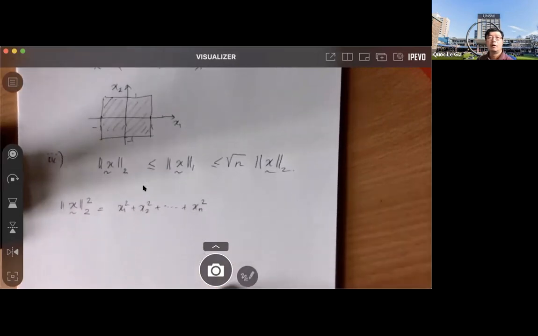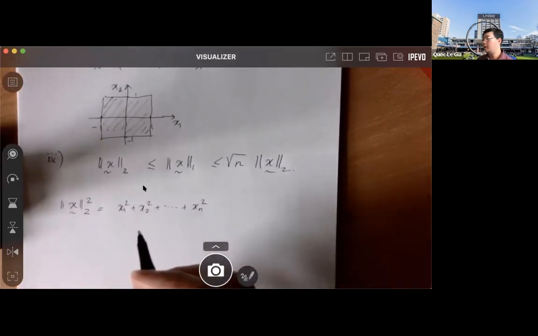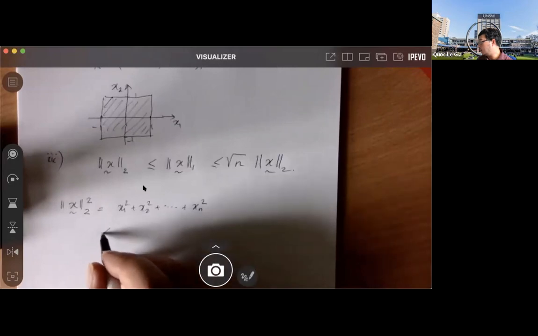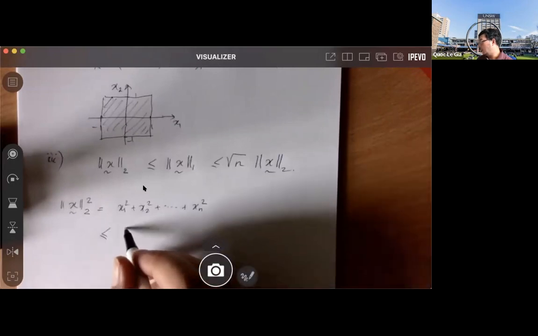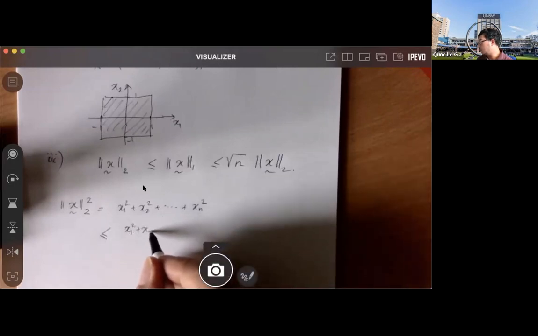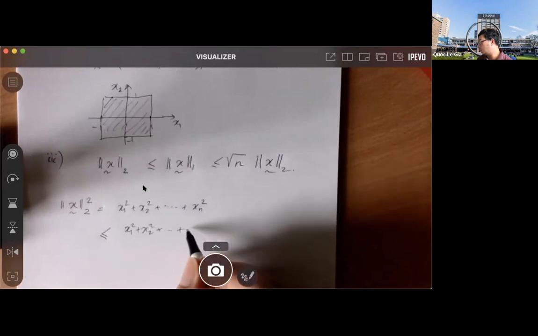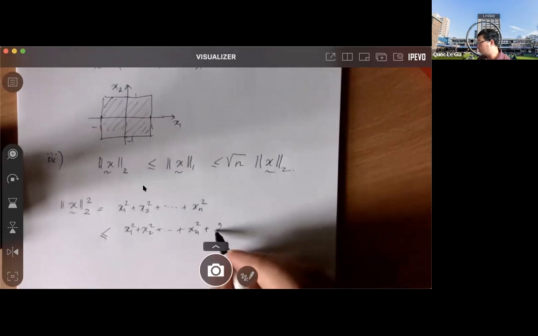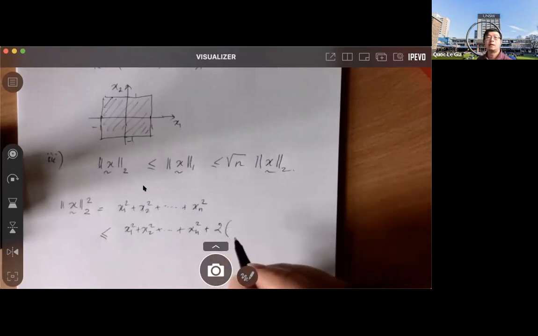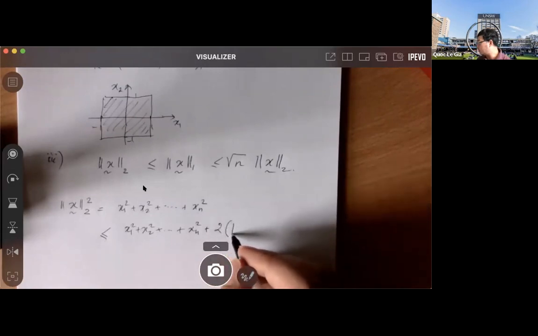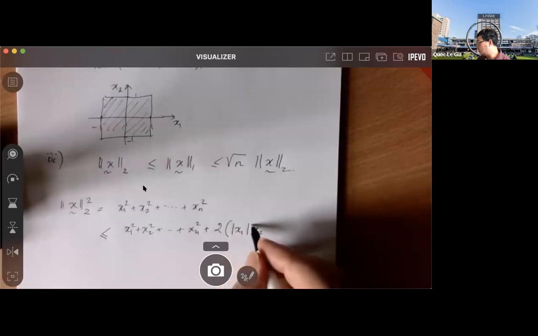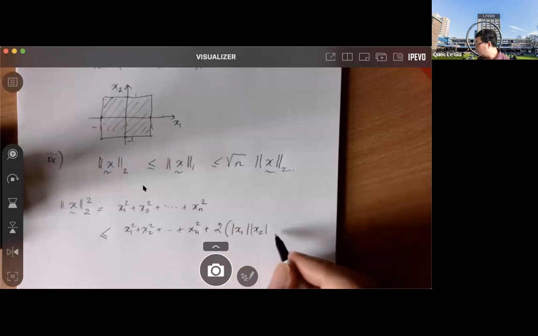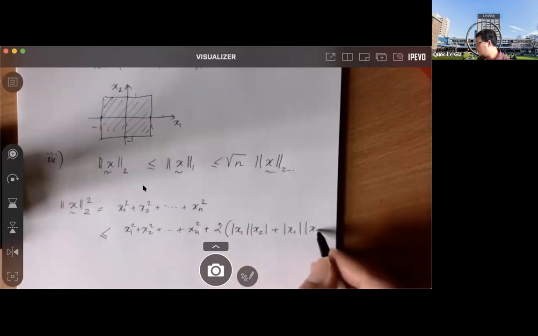Okay. So now the next step would be I just make it less than or equal to x1 square plus x2 square plus up to xn square, but now I just add extra positive terms. So what are the terms I'm going to add? I will add the cross terms. So x1, x2 in absolute value. Okay. And then x1, x3. Okay.